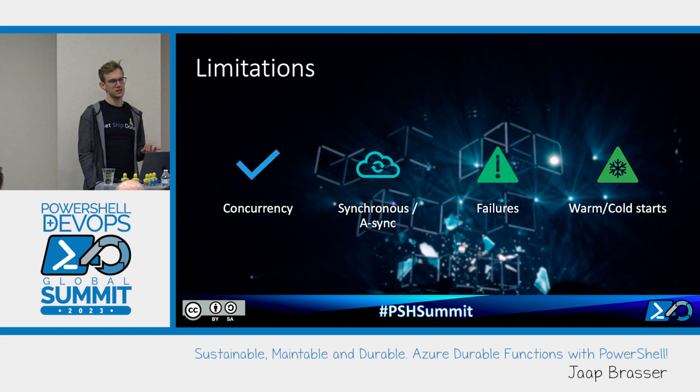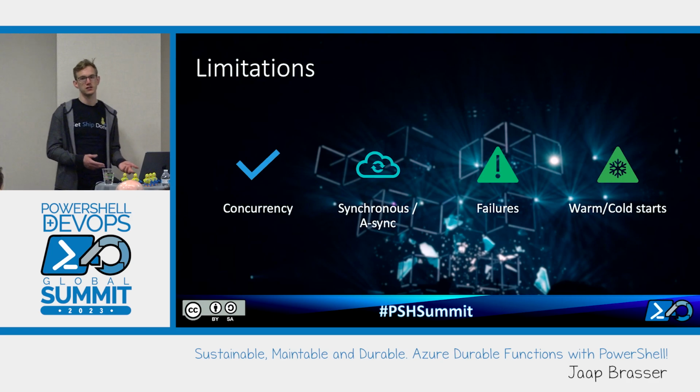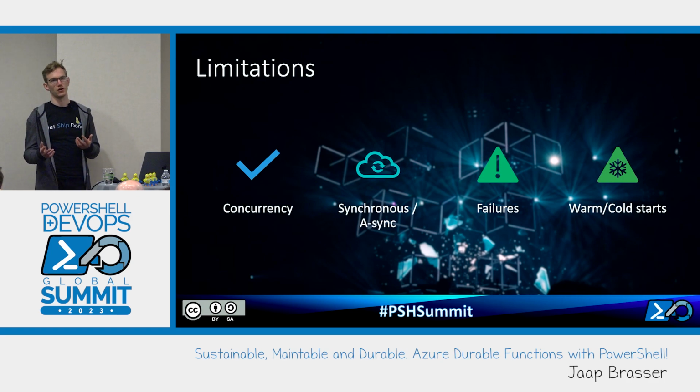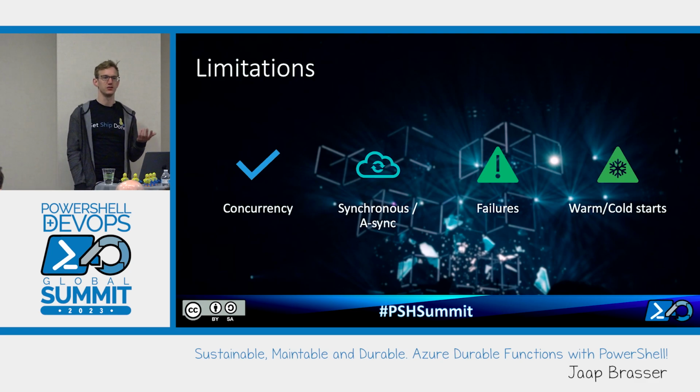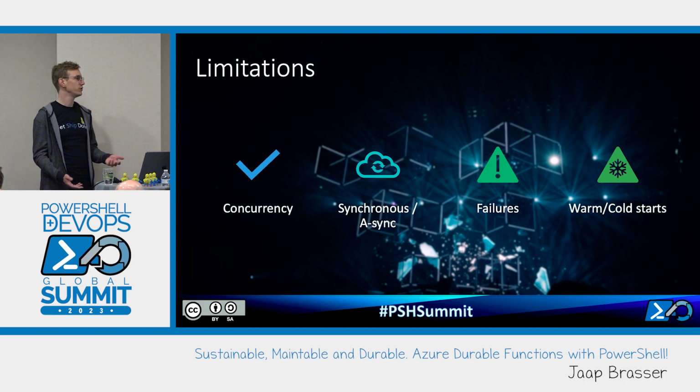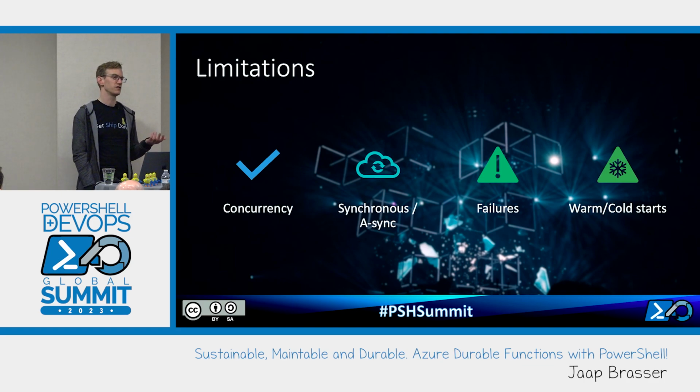Accounting for failures is something that we have to keep in mind, because it's no longer running on your own hardware. Troubleshooting is also something that you have to reinvent when you're working with Azure Functions. And the other thing to keep in mind, if you're on a consumption plan and you haven't reached out to your function, it can go to a cold state, and then it can take hundreds of milliseconds up to a couple of seconds before it actually becomes available. So that is something to keep in mind when working with Azure Functions.